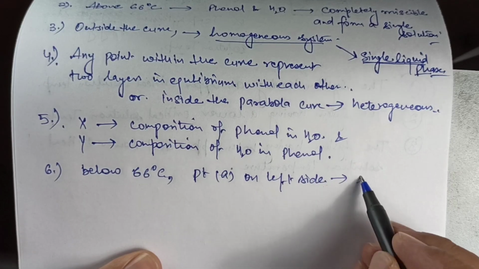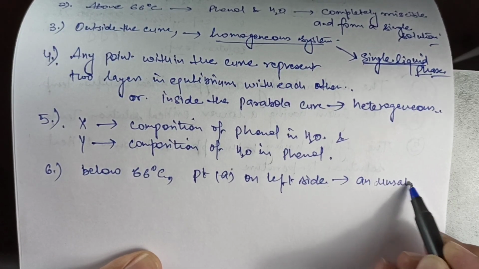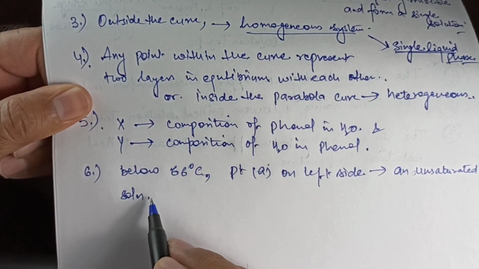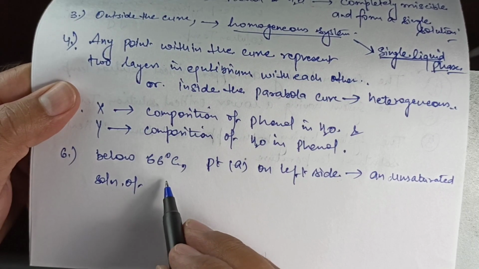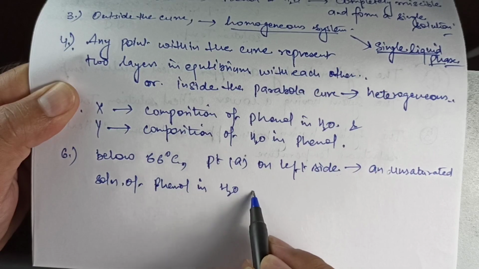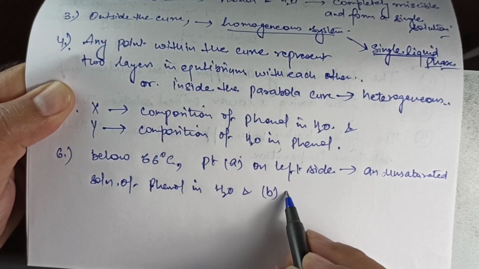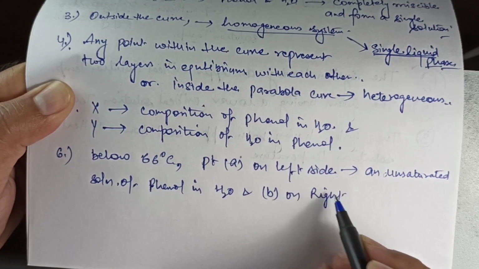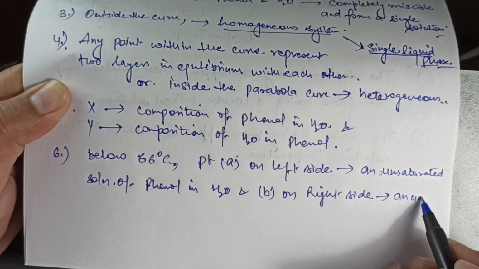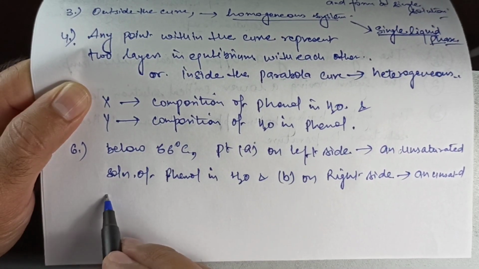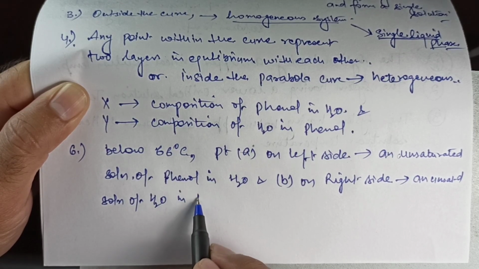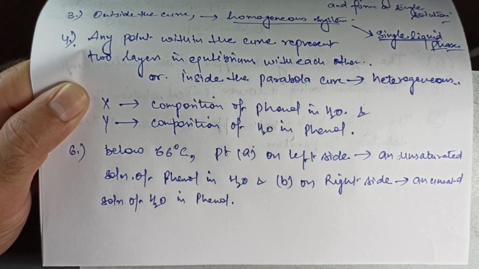It represents an unsaturated solution of phenol in water, and the point B on the right side represents an unsaturated solution of water in phenol.